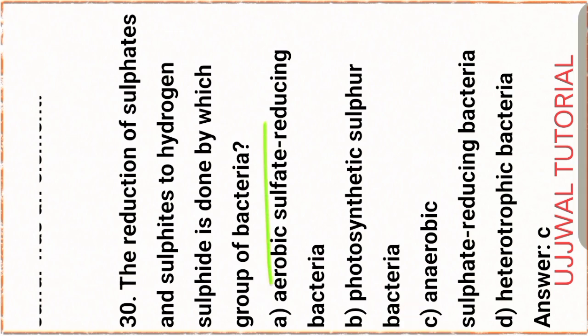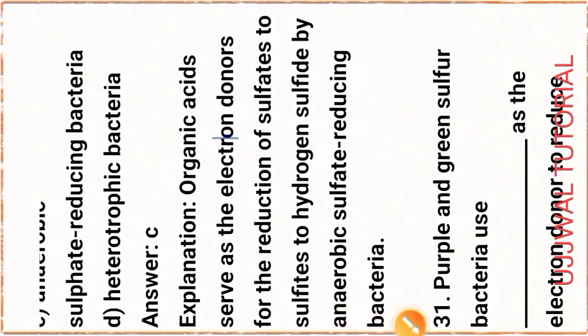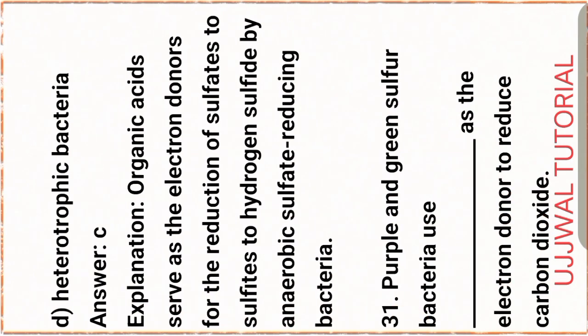Option C, anaerobic sulfate reducing bacteria. Let me explain this part: organic acid serves as the electron donor for the reduction of sulfates to sulfides to hydrogen sulfide by the anaerobic sulfate reducing bacteria.